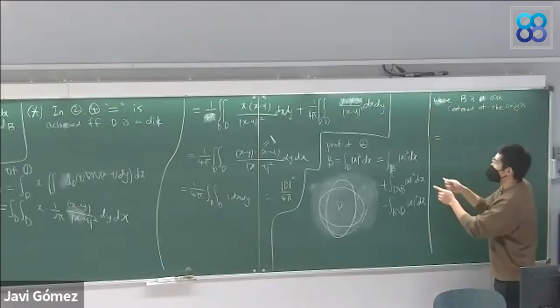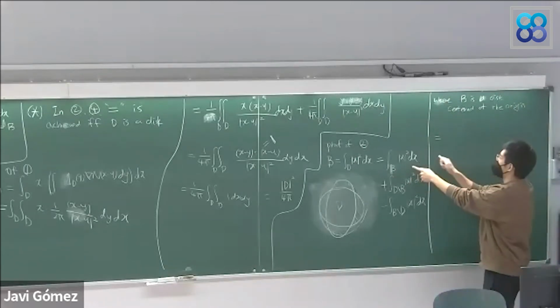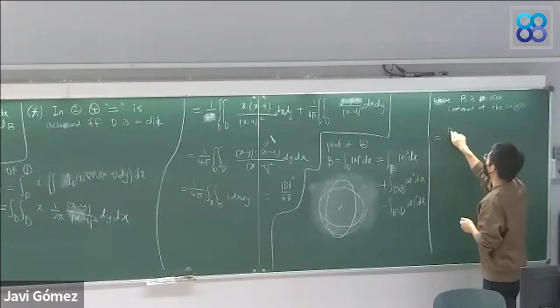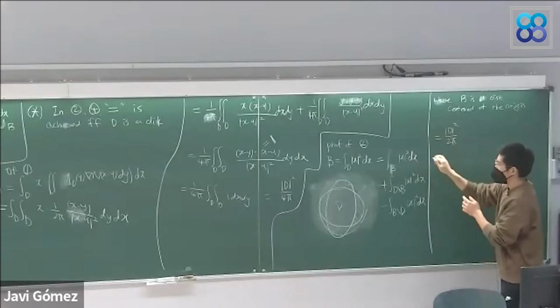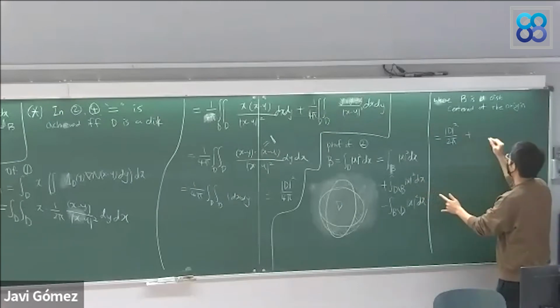And then you can just compute this one using polar coordinates, and you get exactly the square root of 2 pi. Let me just skip this part. And then we have these two terms.